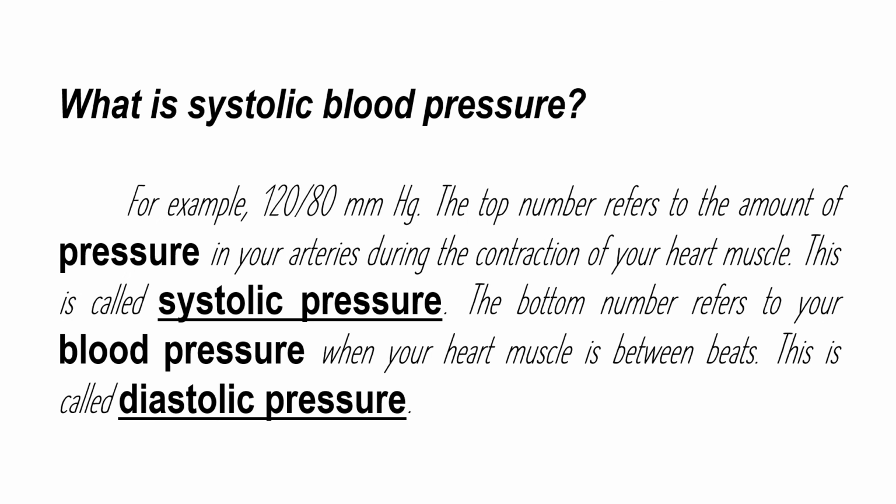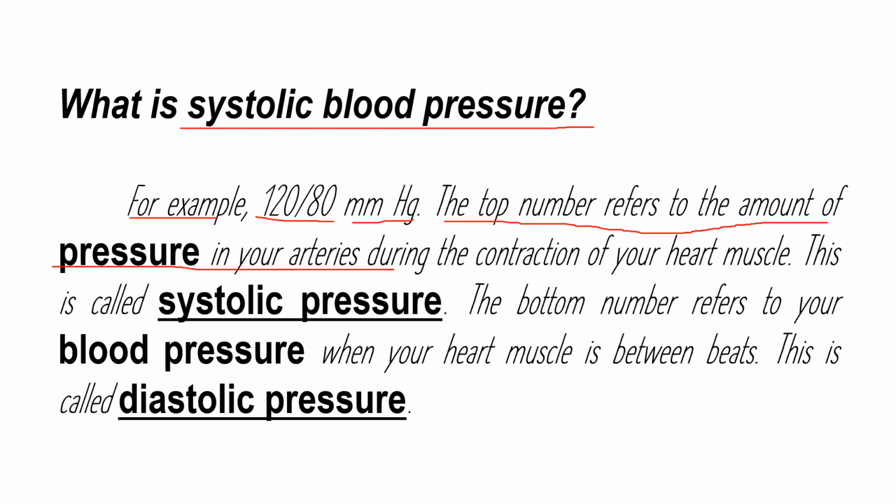Now, what is systolic blood pressure? For example, 120 over 80 mm of mercury. The top number refers to the amount of pressure in your arteries during the contraction of your heart muscle. This is called systolic pressure.